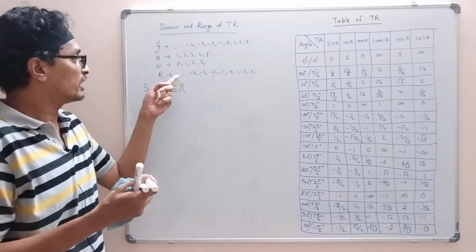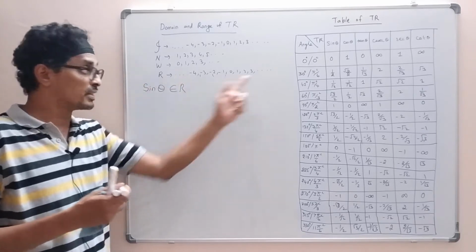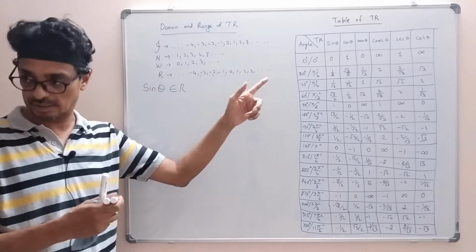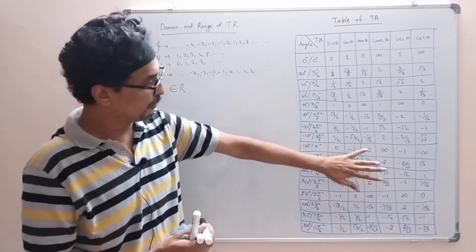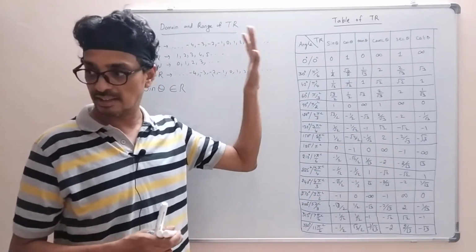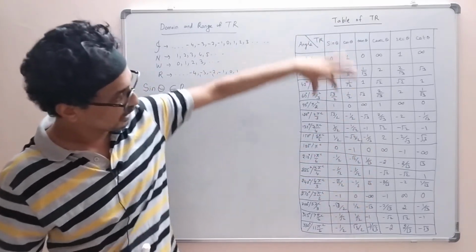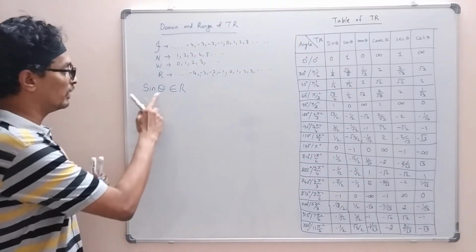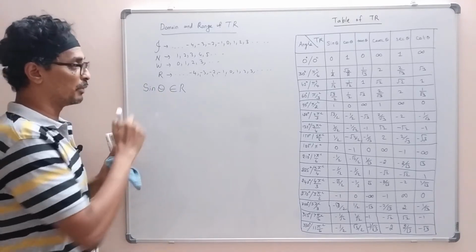You can't consider infinity as a real number. Sometimes people mistakenly consider infinity as a real number, but that is not correct, because infinity is undefined. Whenever infinity comes, that is undefined. Luckily, sin theta does not have any infinity. Am I right? So for whatever theta, sin theta will be an element of R.